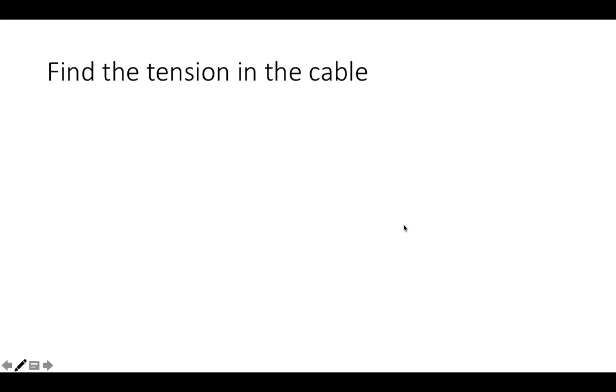Finally, we're going to find the tension in the cable. So just like we did with the pulley system problems from last time, we're going to isolate one of the masses, isolate one mass and analyze it. In this case, we'll take a look at the 1.8 kilogram mass. It's probably easier since there's only two simple forces acting on it. So F net is equal to ma.